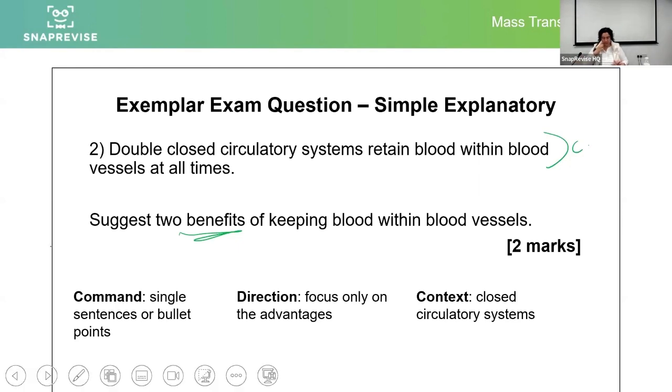I'm just conscious of time because we've got quite a lot to cover. Let's look at the answer together.